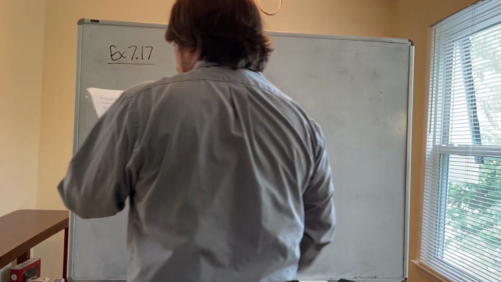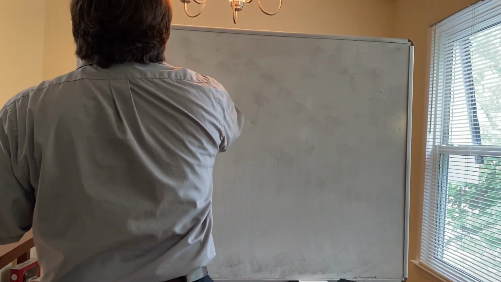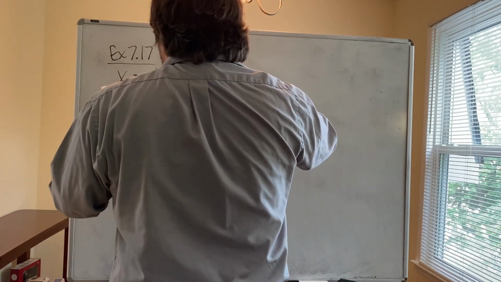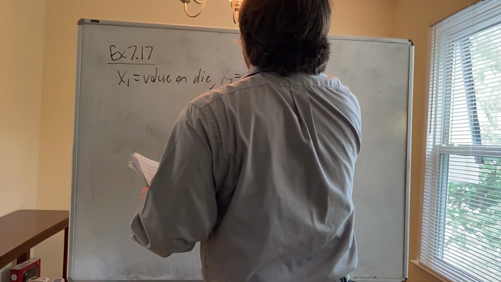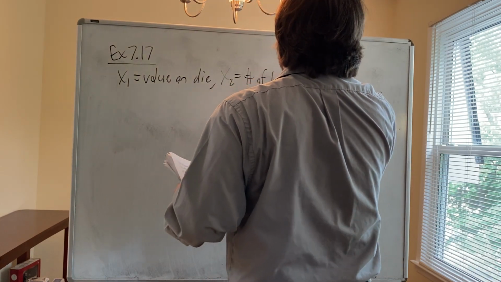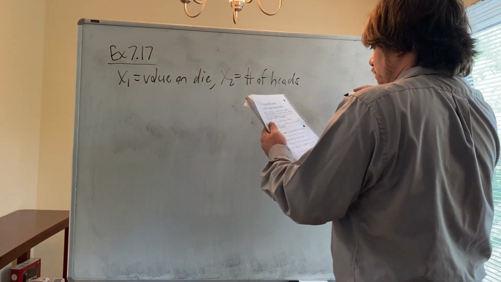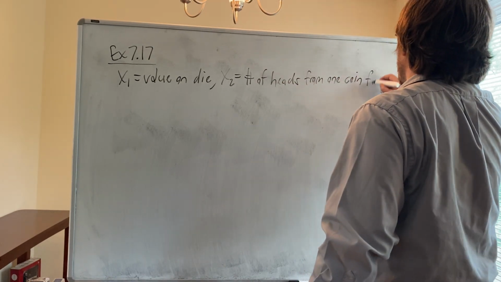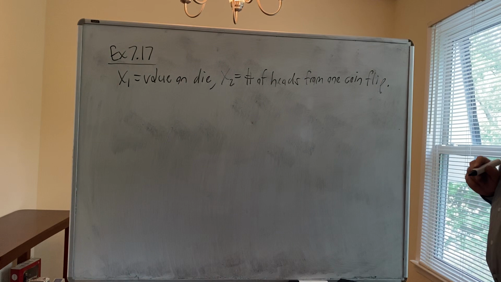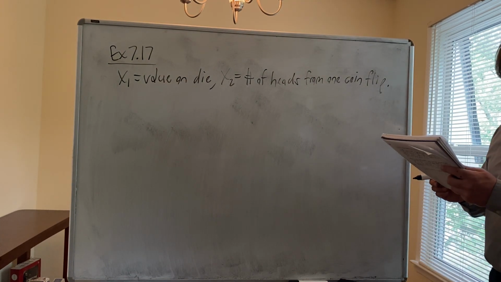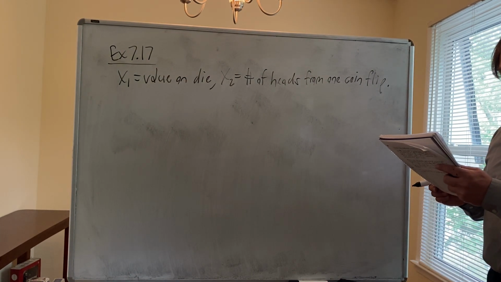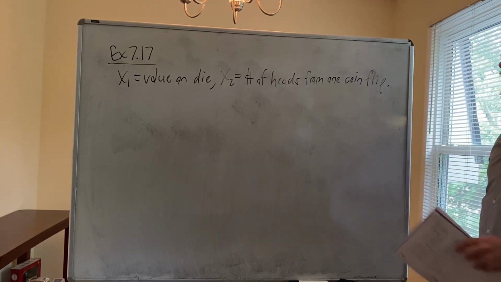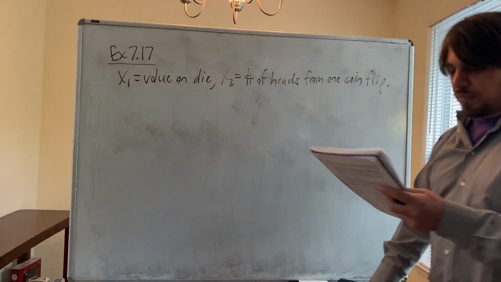Example 7.17. x1 is the value on a die, and x2 is the number of heads from one coin flip.